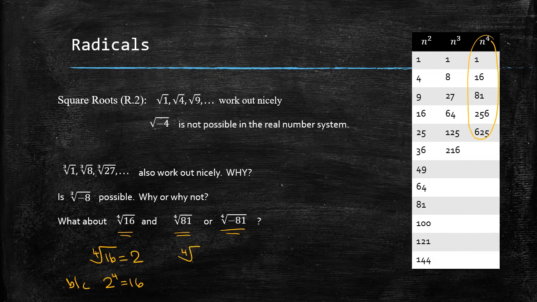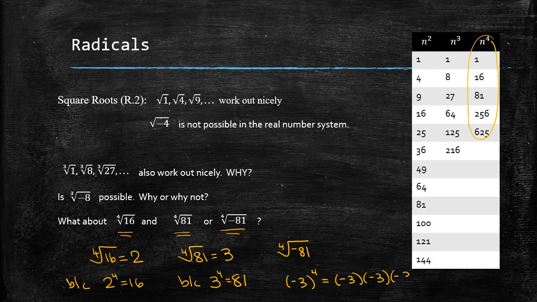The fourth root of 81 is equal to 3, because if I start with 3 and raise it to the fourth power, I will come up with 81. And what about the fourth root of -81? Okay, does -3 work? So -3 raised to the fourth power, I'd have -3 multiplied by itself 4 times. I would come up with +81, not -81. So the fourth root of -81 is not possible.